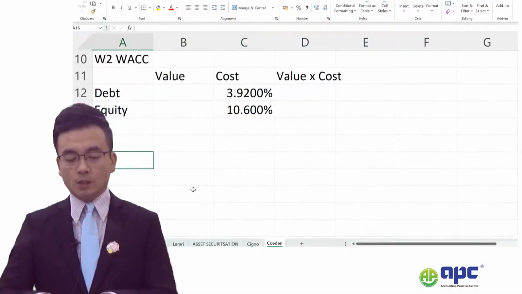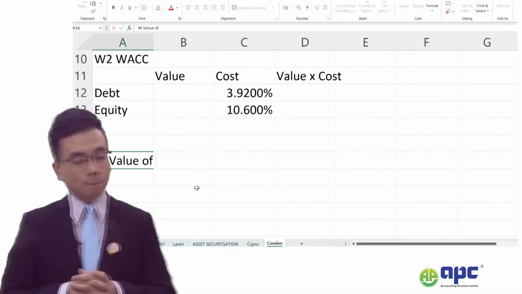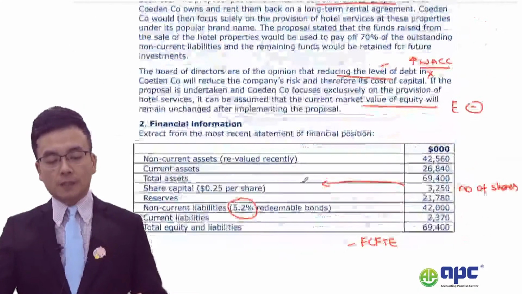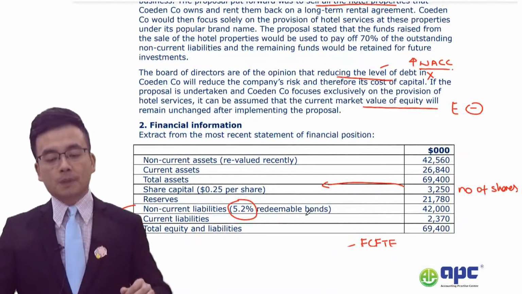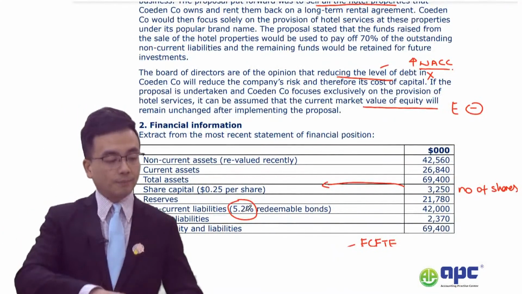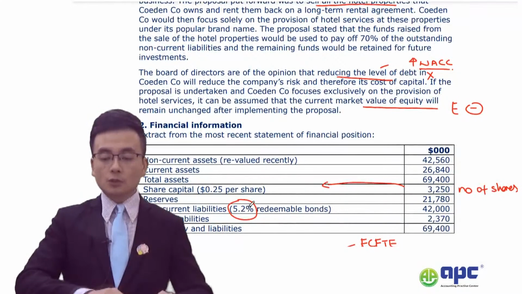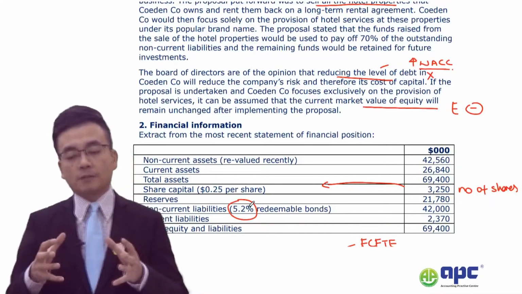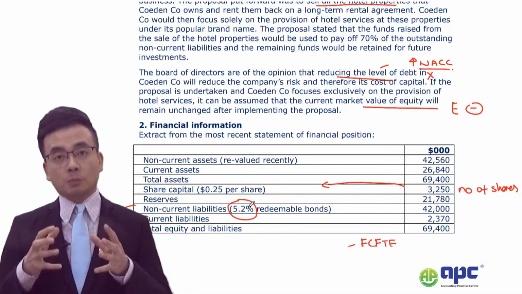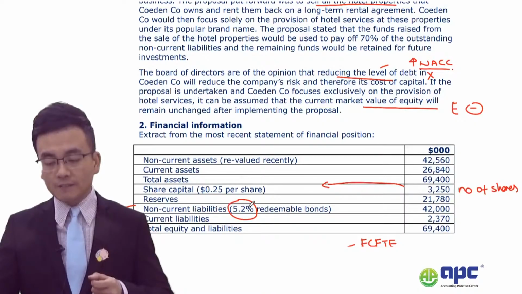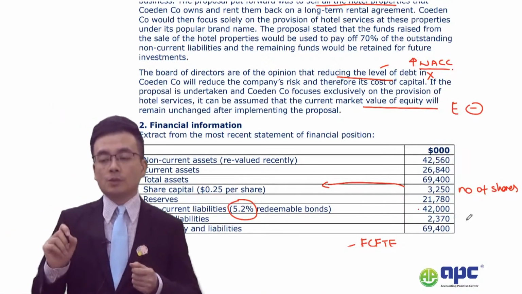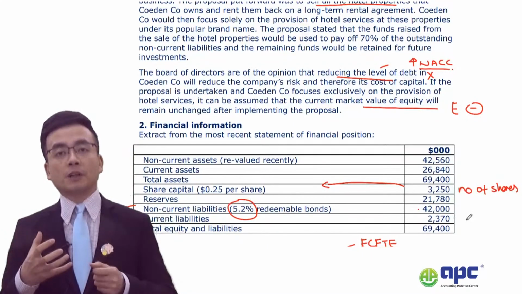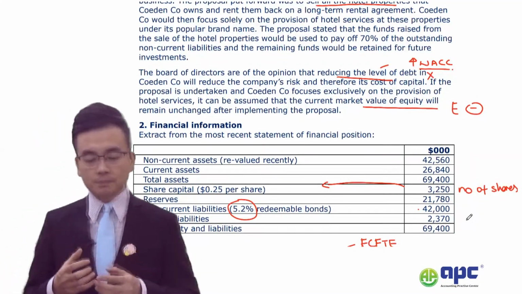So working on the value of debt. Of course, we've got that value, which means the non-current liabilities being 5.2%. What we need to do is work out the market value of each individual bond, and then convert that $42 million from our SFP as the book value into the market value later on.